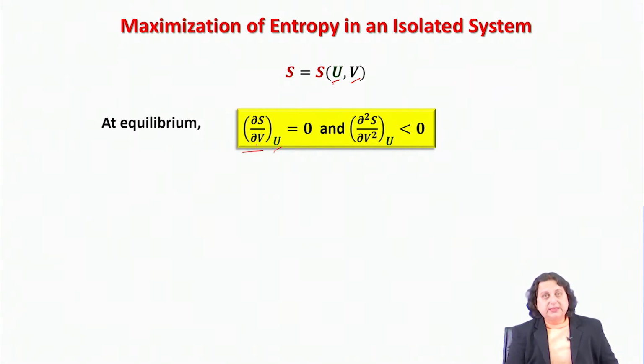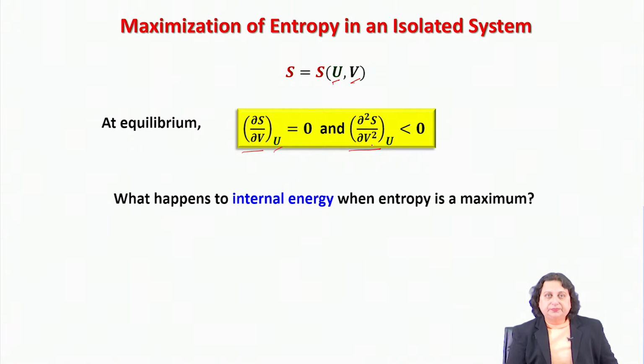And since it is a maximum, the second order derivative, del square S del V square, must be less than 0. This is what we understand from differential calculus.